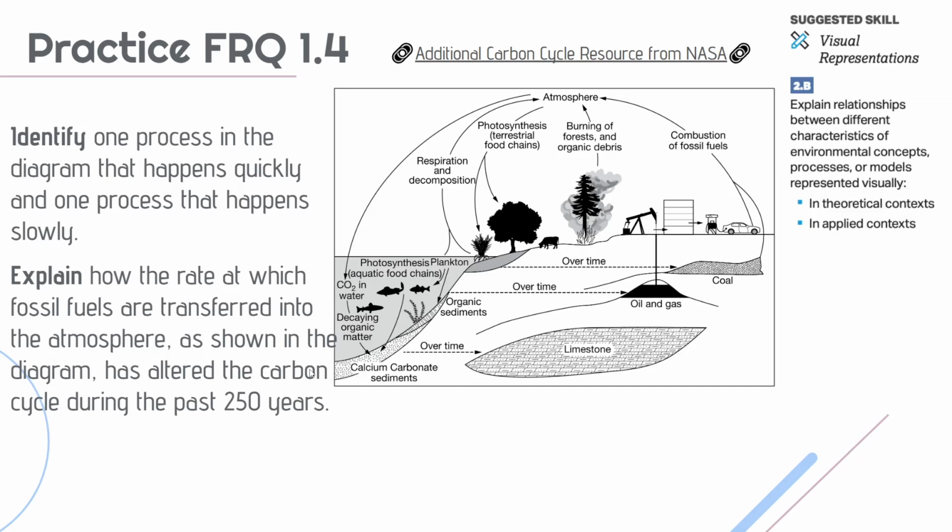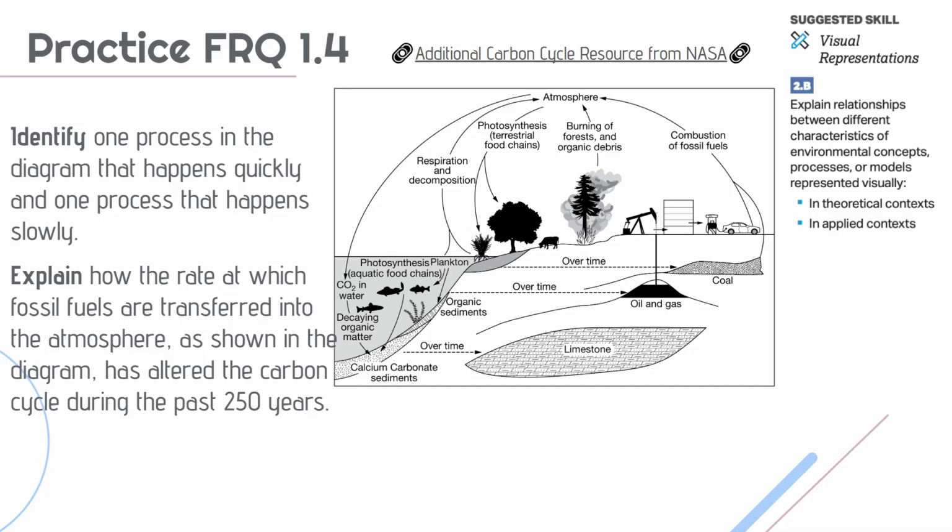Our practice FRQ for topic 1.4 will cover the skill of explaining relationships between characteristics of environmental concepts, specifically using a visual representation. There's a heavy emphasis on using visual models in AP Environmental Science, and you need to identify a process in this diagram that happens very quickly and one that happens very slowly.